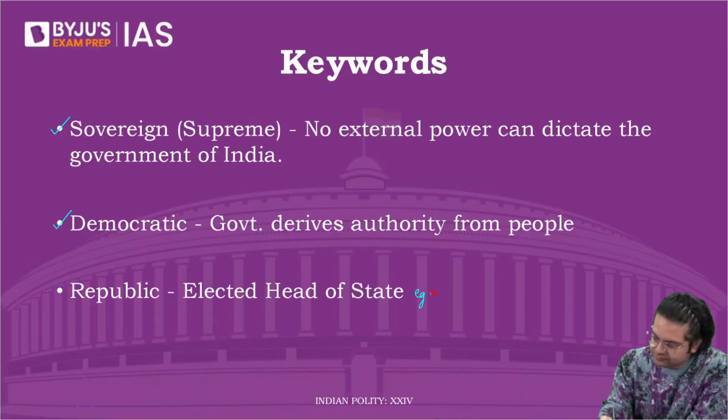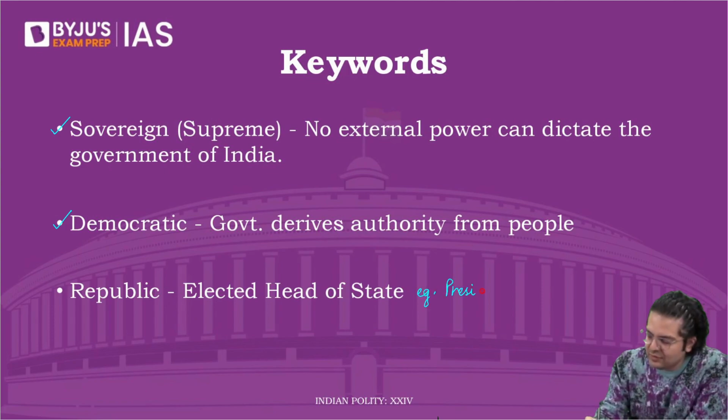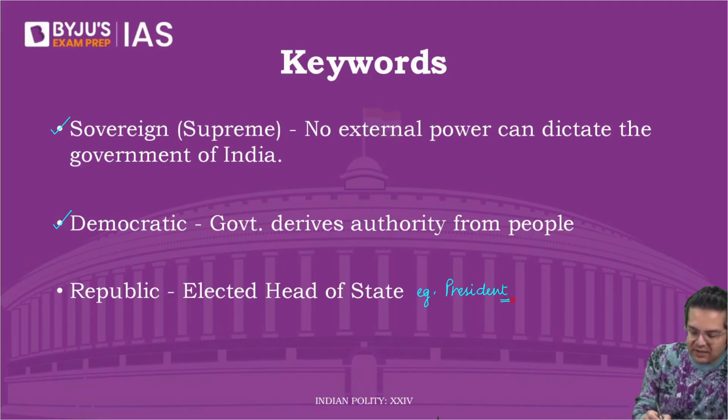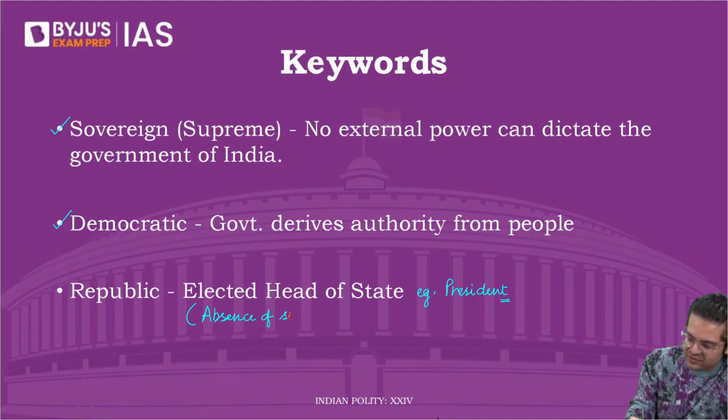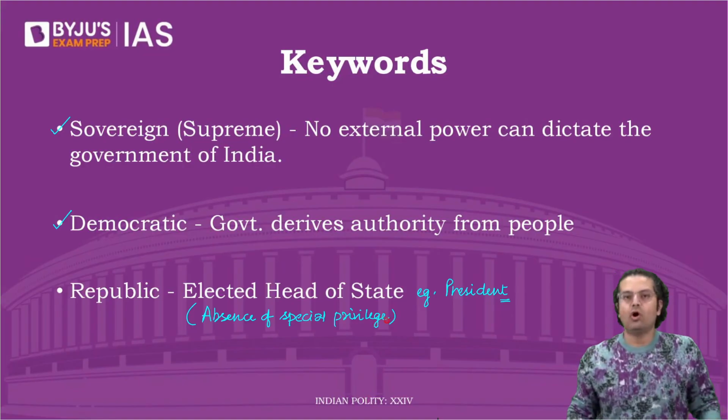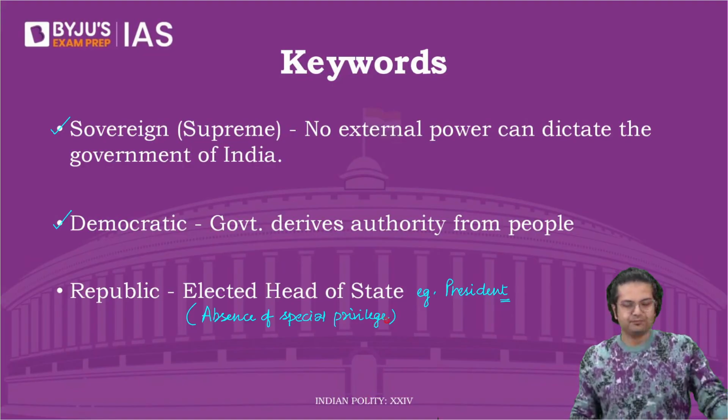Tell me. The President of India. Is he not elected? Indirectly, but elected. That is why we say that in a republic there is absence of any special privilege, because public posts are open to all categories of people.